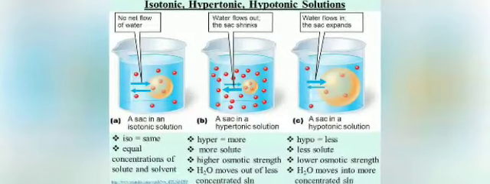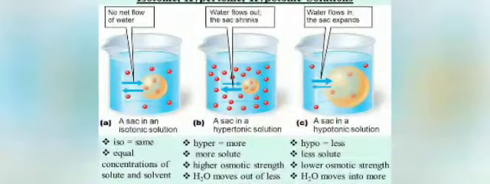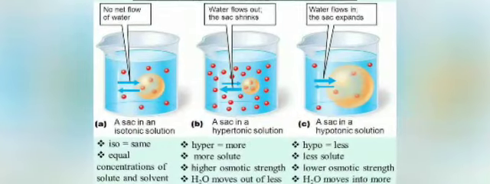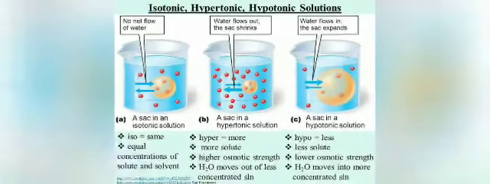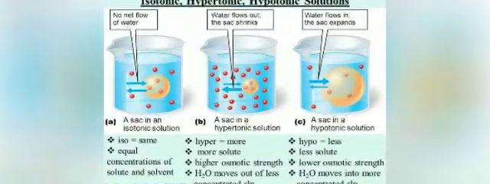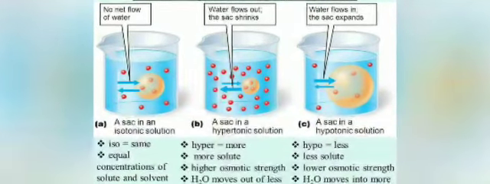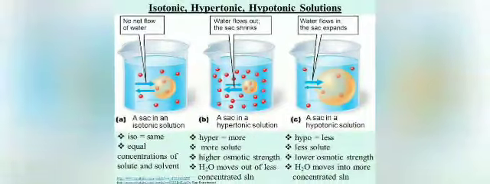Now, what will happen if we put an animal cell or a plant cell into a solution of sugar or salt and water? Three things could happen. So we are going to discuss all the three things one by one. So let us discuss the first picture.